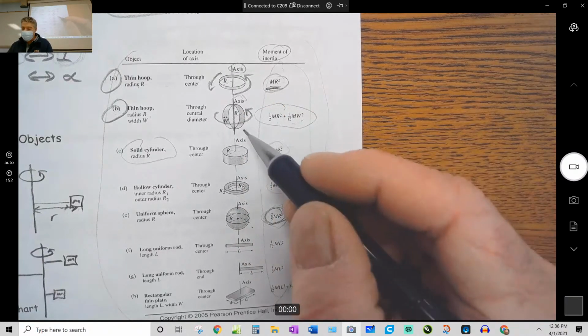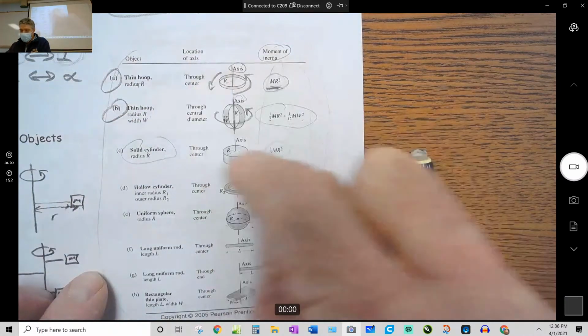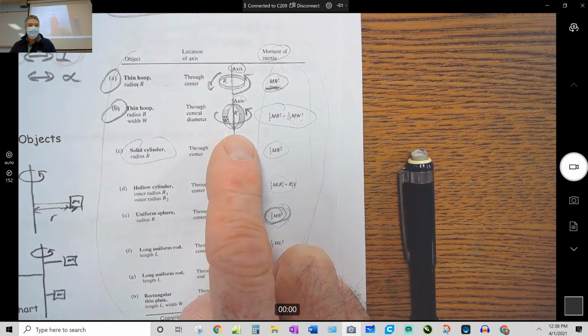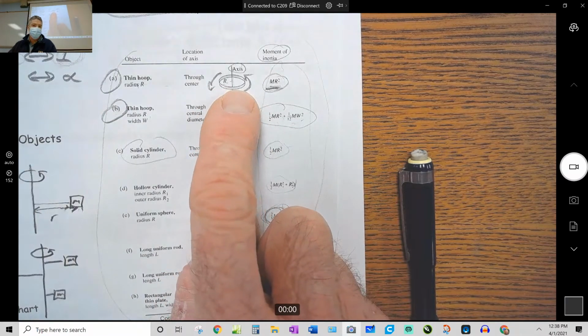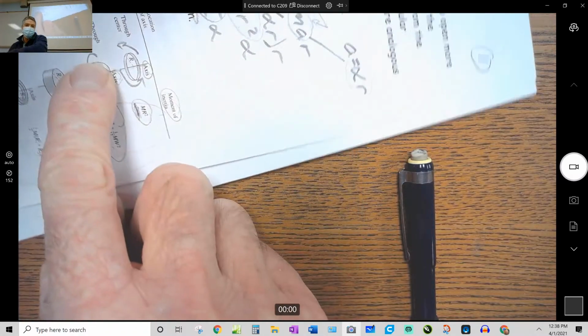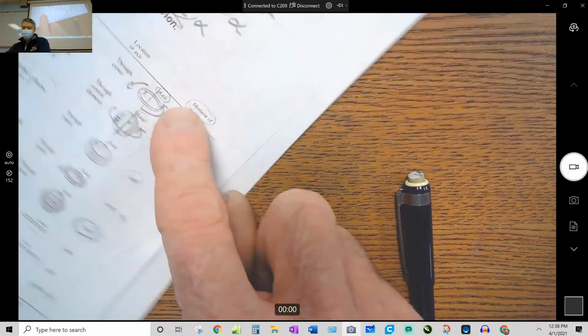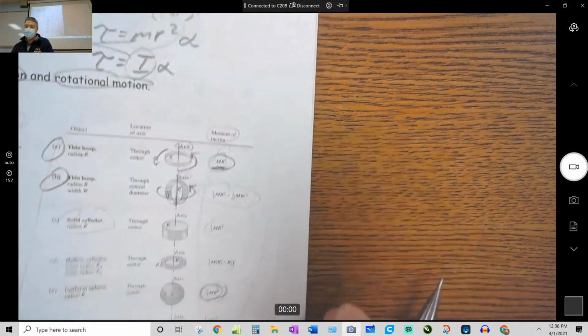So if you have a coin, you put it on the table and you flick it and it spins around, that's the kind of rotation we've got in B. But if you're rolling something down a board, it's going to rotate like an A. So really, when you roll something, the axis is horizontal, but that's the kind of motion we're talking about relative to it. So the moment of inertia is just mr squared instead of 1/2 mr squared.